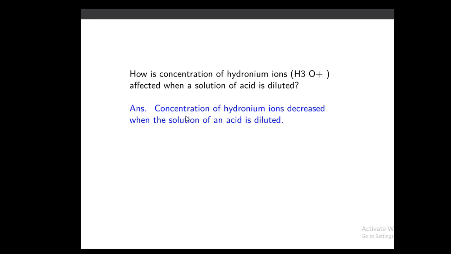So the answer will be concentration of hydronium ions decreases when the solution of an acid is diluted. Diluted is nothing but you are going to add water to it, right? So when I add water to it, the hydronium ions are going to decrease. Got it?